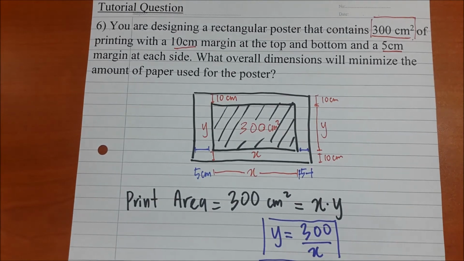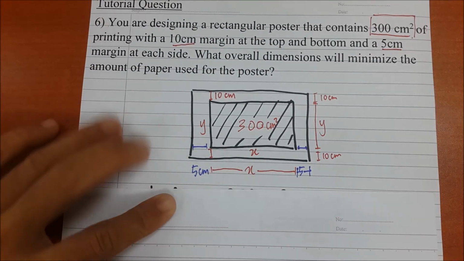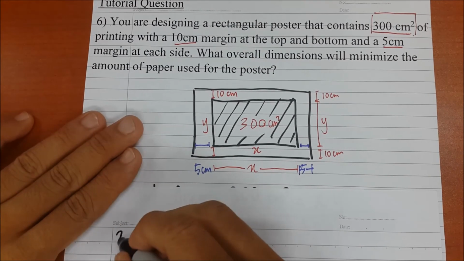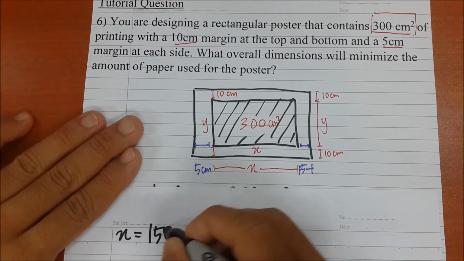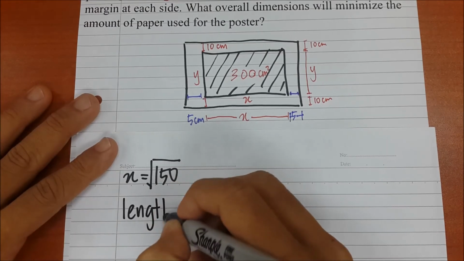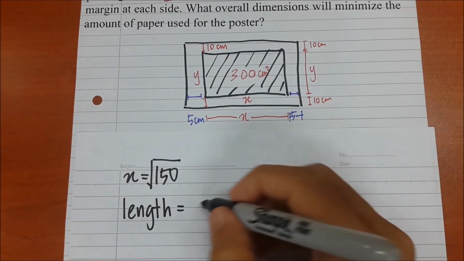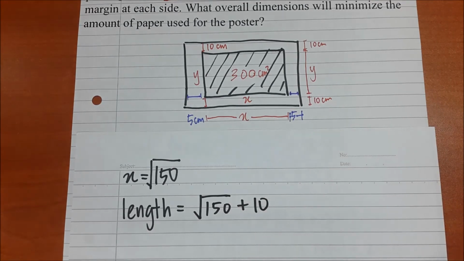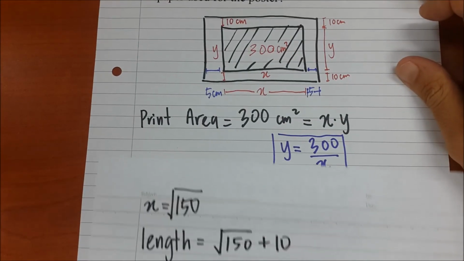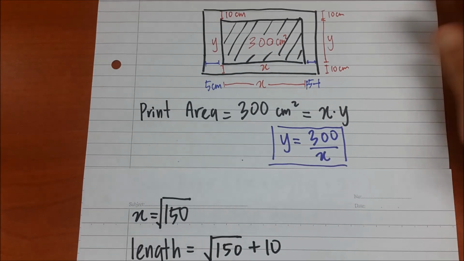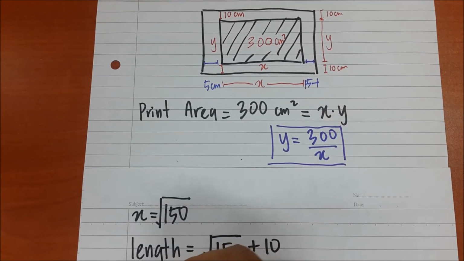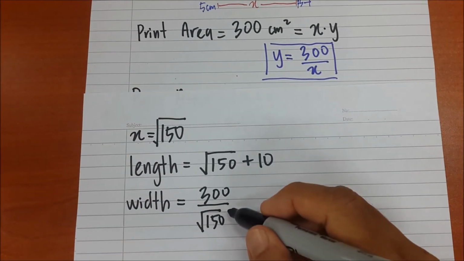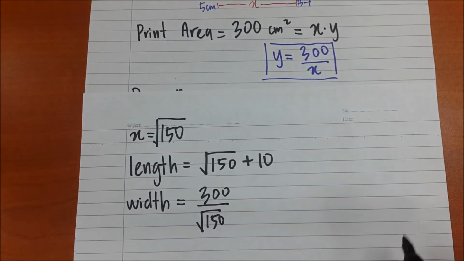Right, so let's substitute x equals square root 150. So we're going to get length equals square root of 150 plus 10, and width will be 300 over square root 150 plus 20.